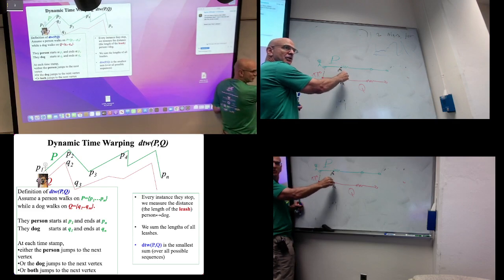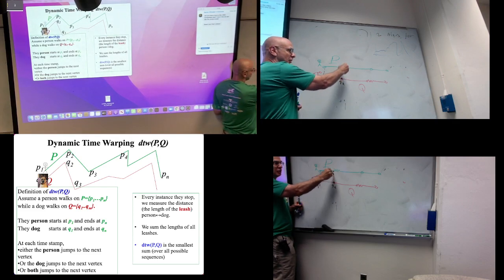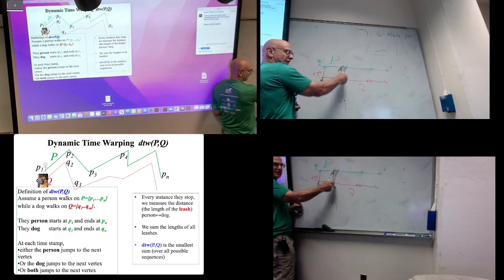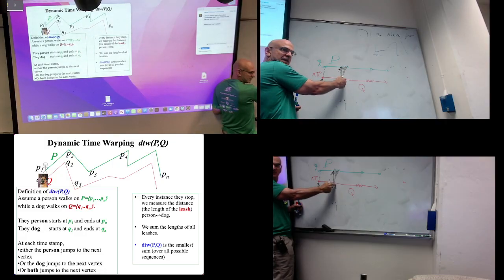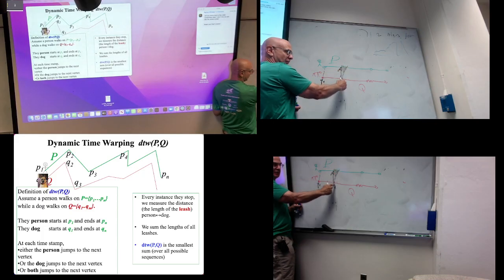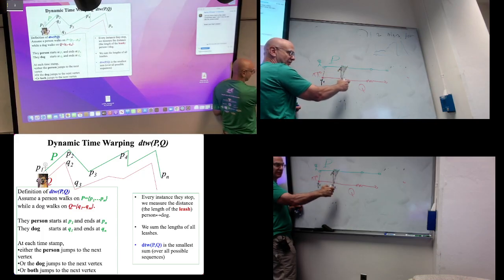And now the dog, at this moment, will take a break, doesn't move at all, while the man jumps to the next vertex, to the next vertex, to the next vertex. So all this cluster of vertices of P matches a single vertex of Q. Again, a lot of the vertices of P will match a single vertex of Q.